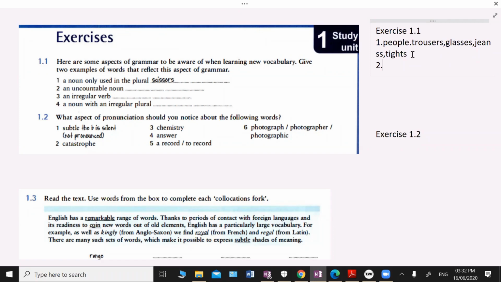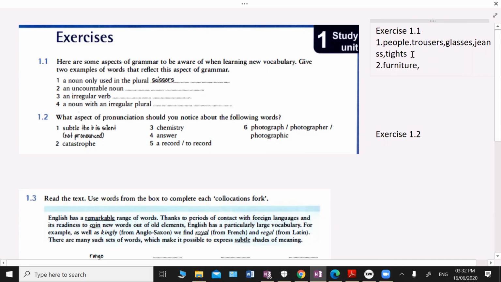Okay, second one, it says an uncountable noun. You know what a countable noun is? Something you can count like 1 or 2 or 3, and an uncountable noun you cannot count. I will give you an example. Furniture. Furniture is one; we use it as singular, not plural. Someone says music.